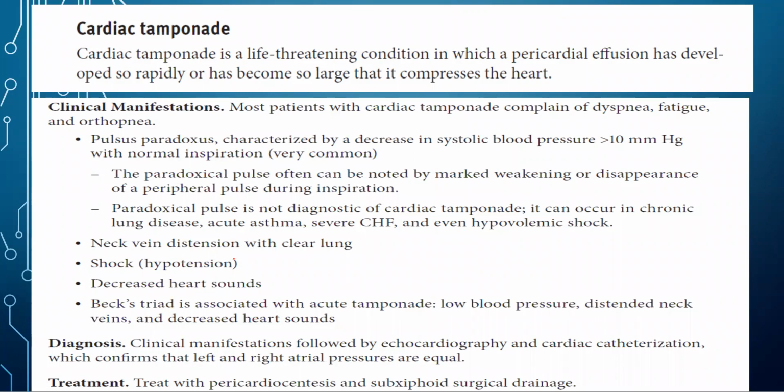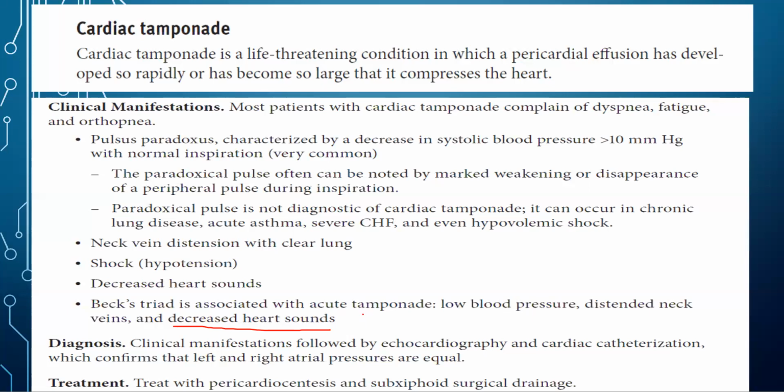So a patient with pericardial effusion complicated with cardiac tamponade starts to have dyspnea, orthopnea. Sometimes the patient can develop all the heart failure features, but the important clue in the exam is that you will get a muffled heart sound, so decreased heart sound, because the heart is not able to fill in properly.